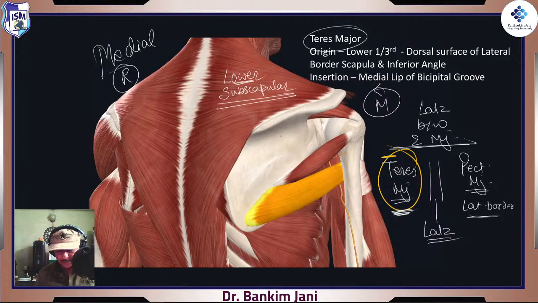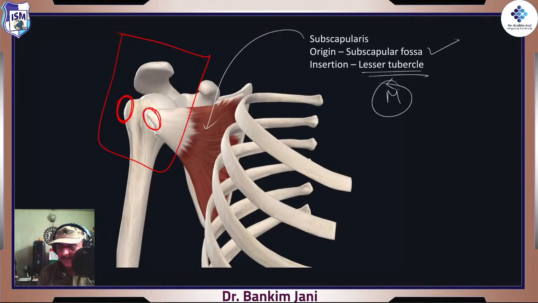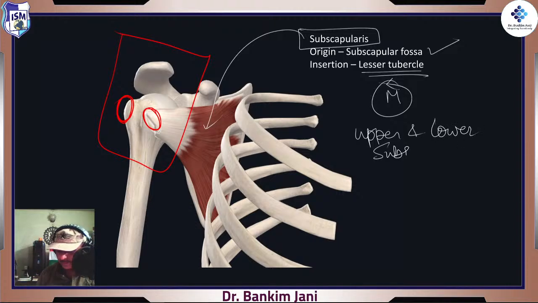The name is major, but it is supplied by the lower subscapular nerve. Name is major, but it is supplied by the lower subscapular nerve. See the difference, right? How the partiality they do. Subscapularis will say, my name is so important, so both upper and lower subscapular nerves will supply me because we share a common name. So that's what happens.